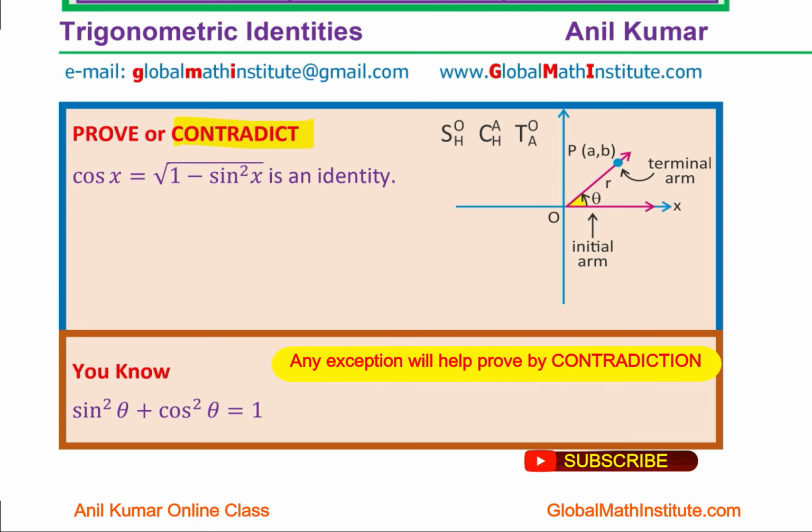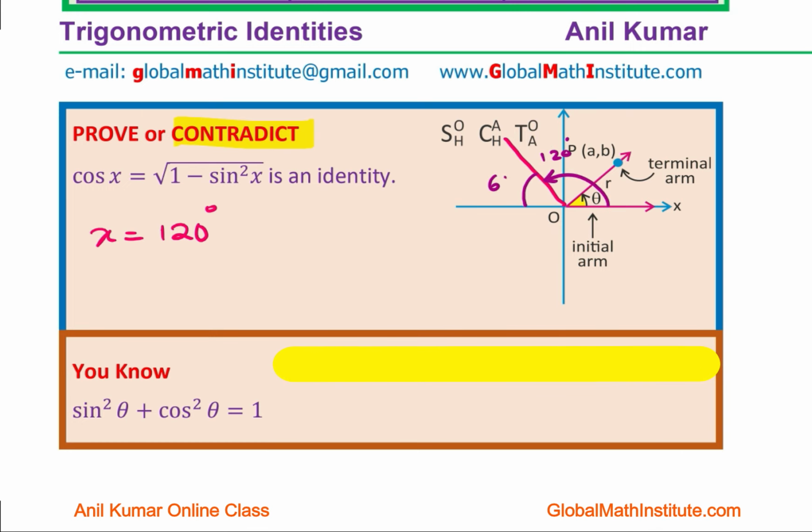Let us say x is equal to 120 degrees. In that case, we are talking about an angle which has an acute reference angle of 60 degrees, right? 120 degrees is this, correct? So the remaining is 60. You can look into your triangle, which is 30, 60, 90, right? So a 30, 60, 90 triangle.